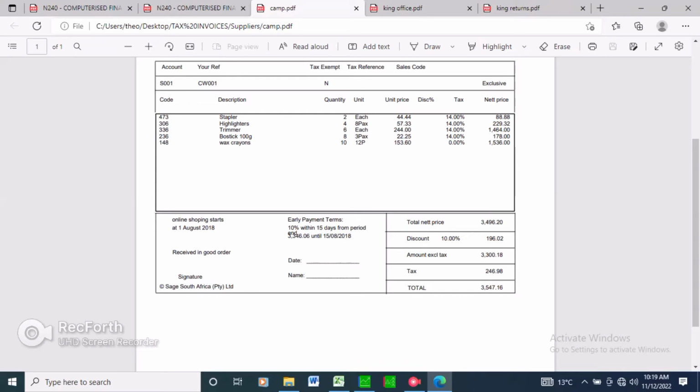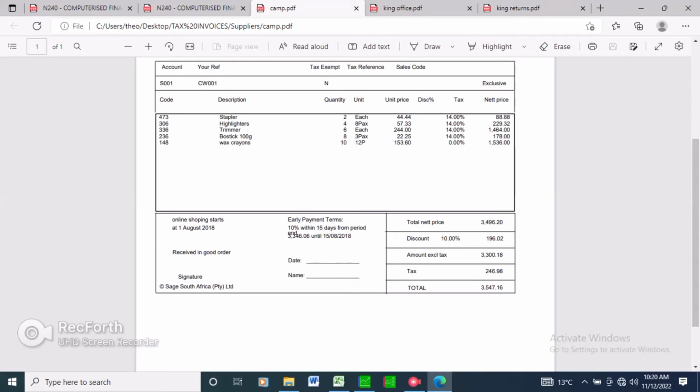They said Campbell Wholesalers is gonna give us 10% discount if we pay within 15 days from the purchase. Some will ask me, when did we make the purchase? We made the purchase on the 7th, guys.